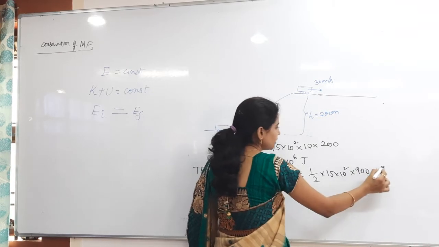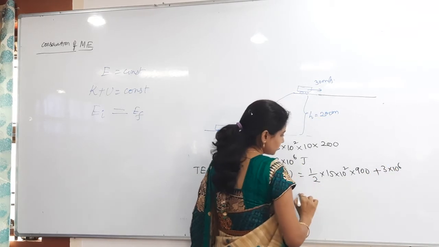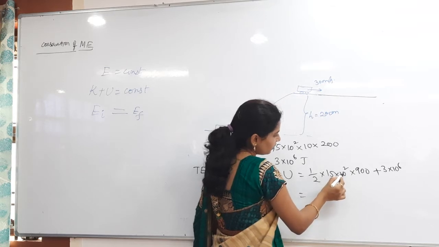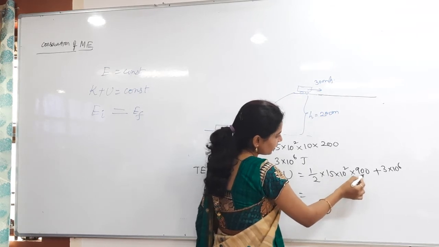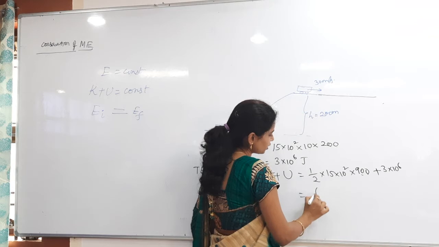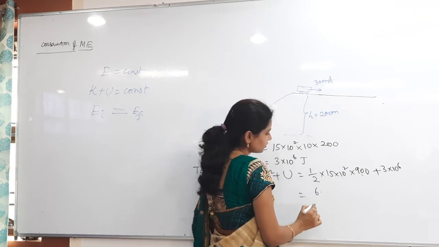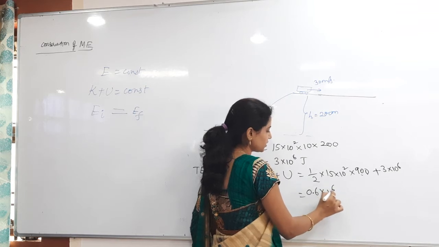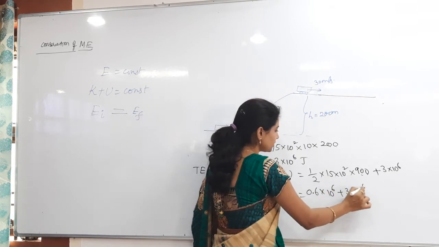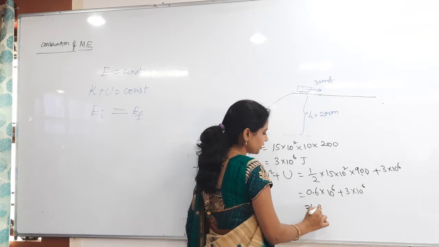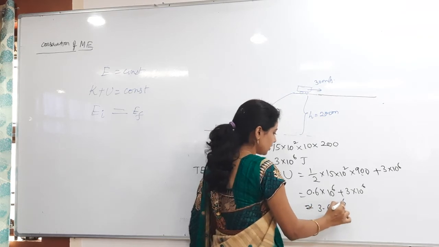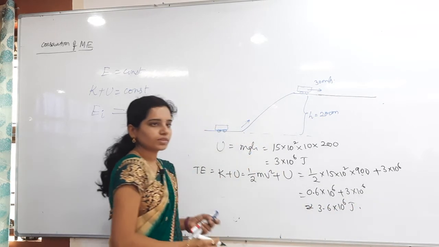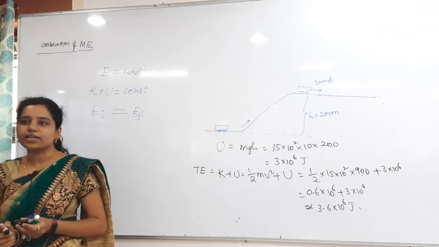Plus this one is 3 into 10 power 6. Then you get 0.6 into 10 power 6 plus 3 into 10 power 6. So your answer will be approximately 3.6 into 10 power 6 joules. That's the correct answer. You got that?